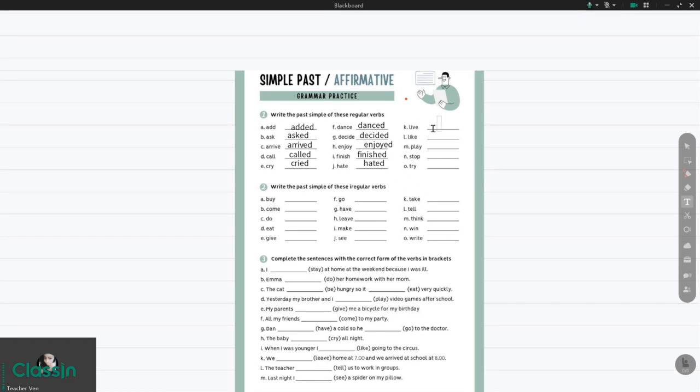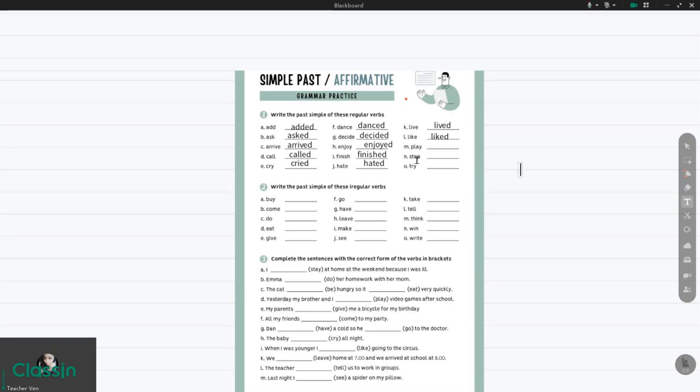So the simple past tense. Lived, right? Again, let's add letter d. Lived. All right, let's move it a little. Lived. Perfect. And for this one, again, we just have to add letter d, right? So it becomes liked.